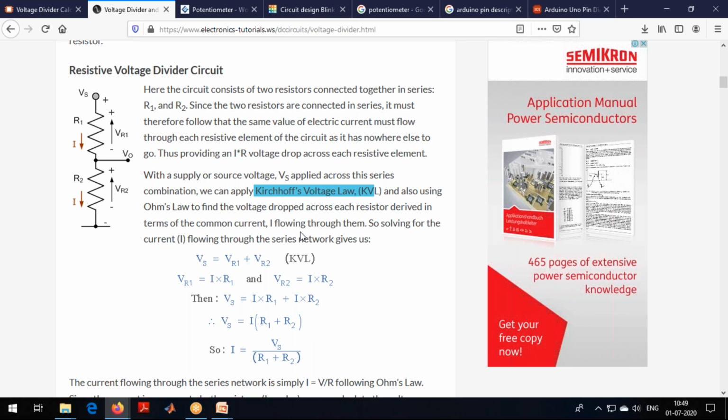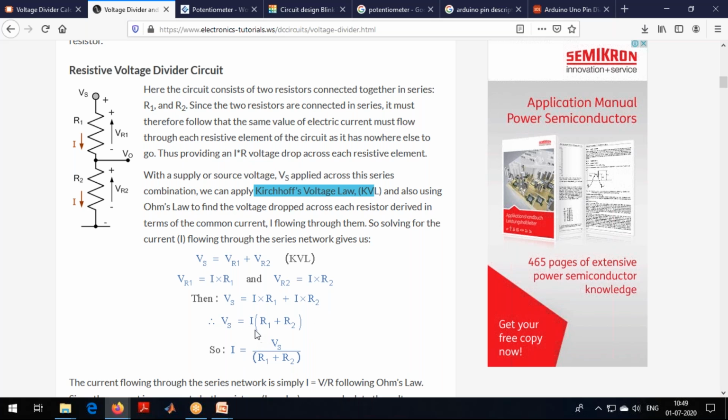Again, from Ohm's law, if the voltage across this one is VR1, current is I, and resistance is R1, then I can write VR1 as I into R1. Similarly, for VR2 I can write I into R2. By this we will get Vs equals I into R1 plus I into R2.